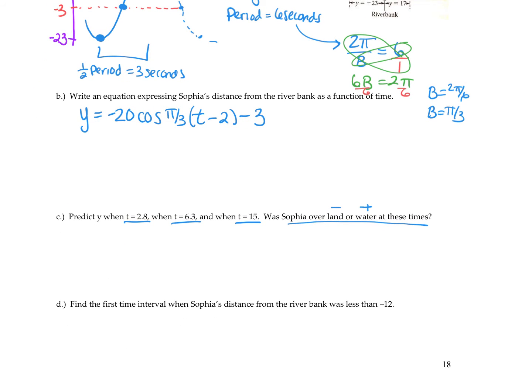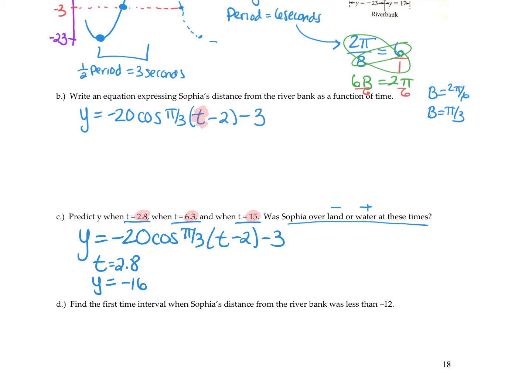If I were to calculate these by hand, I would take the 2.8, the 6.3, and the 15, and plug those each in for t. I'm still going to use this formula. When t is 2.8, my y is negative 16.4 feet, and so this would be a land situation.